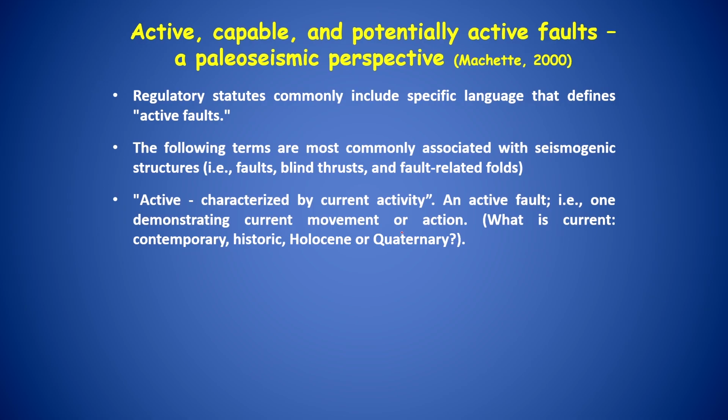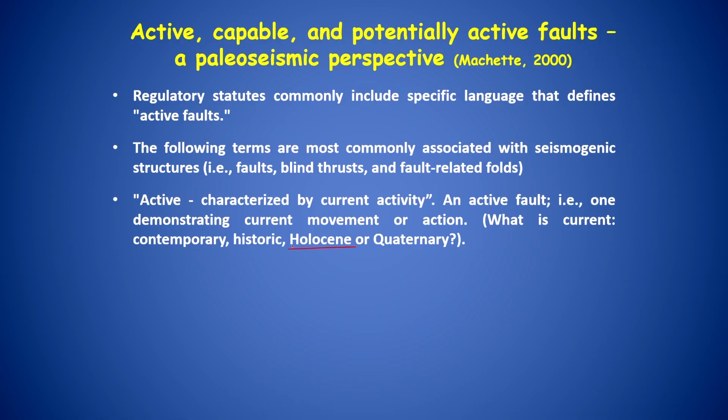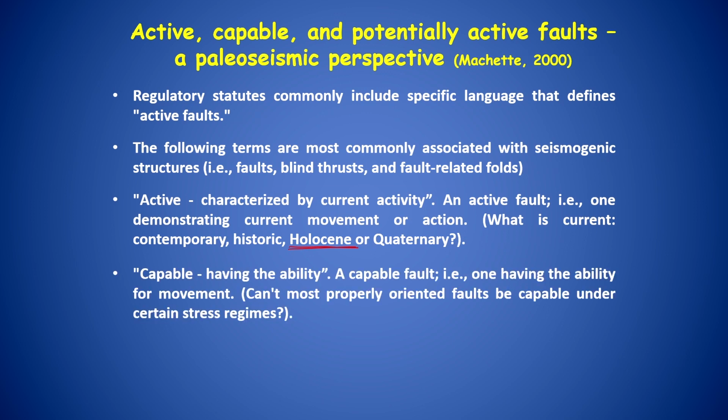This is the definition of current, contemporary, historical activity during the Holocene or Quaternary times. Quaternary is of course a larger time span, going up to almost 2,000,000 years, but mostly we say that if it is Holocene, then they are active faults. Capable means having ability.